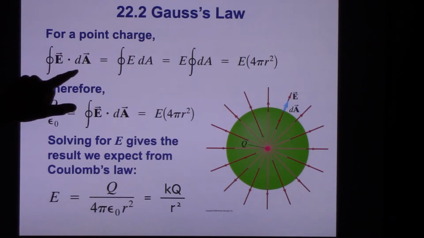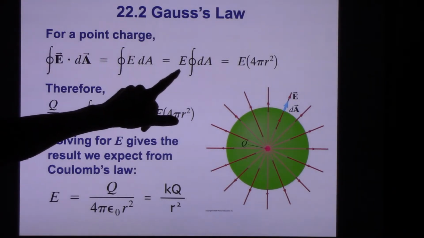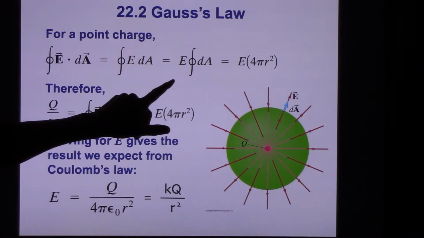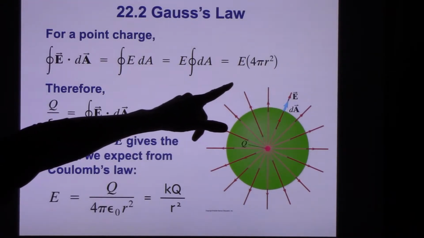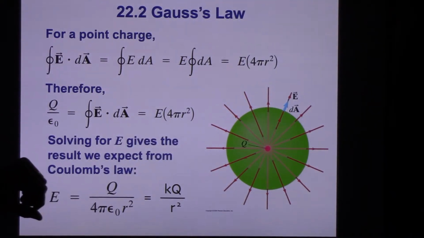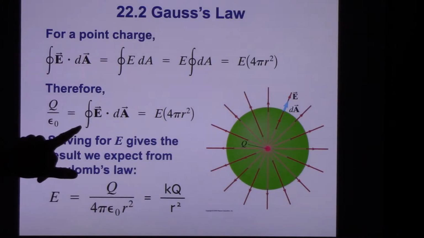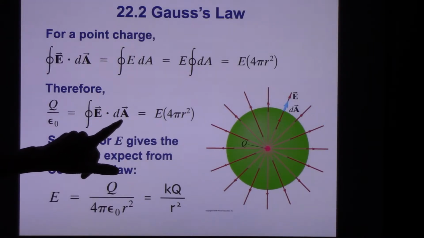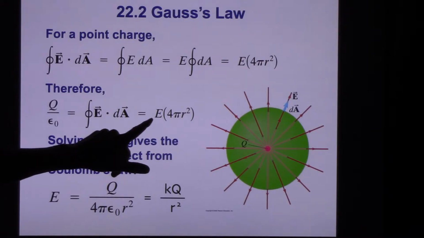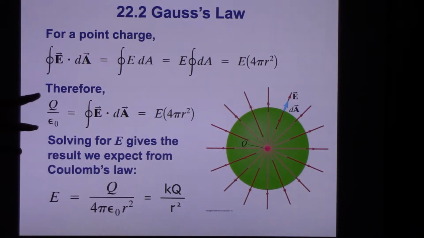If we calculate the flux for a point charge, the electric field is given by kq over r squared. If we multiply that by the surface area, we get a constant. So the electric field integrated over the area is equal to E times 4 pi r squared, which is the same thing as Q over epsilon naught.